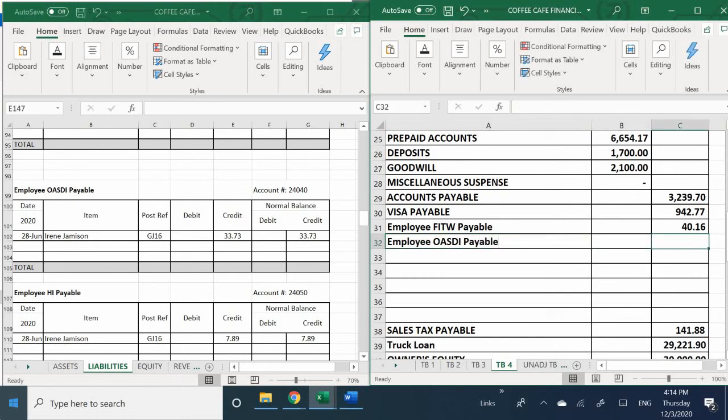For what amount? That one is $33.73. All right, then we have employee HI payable.